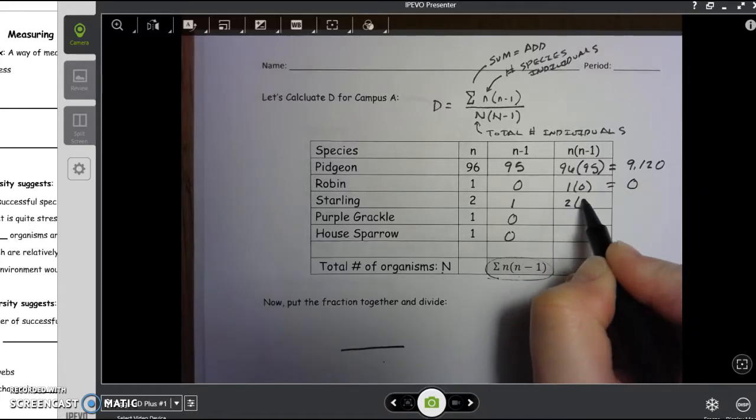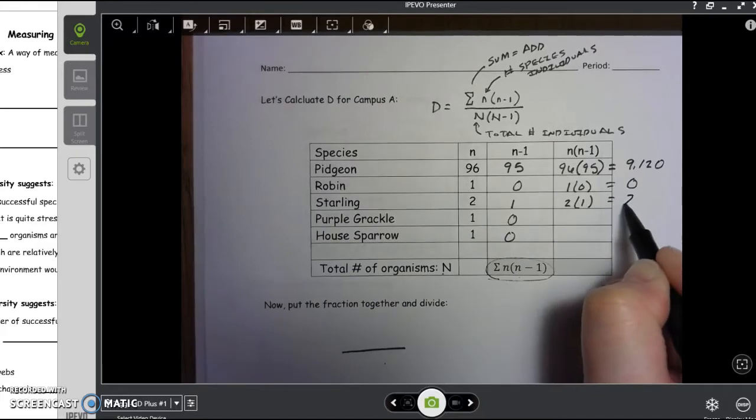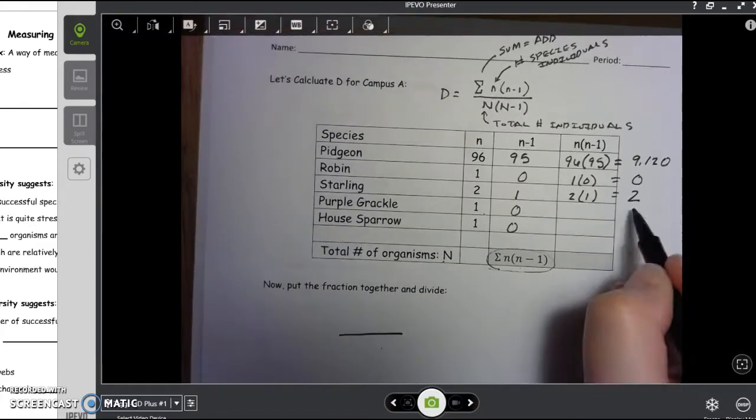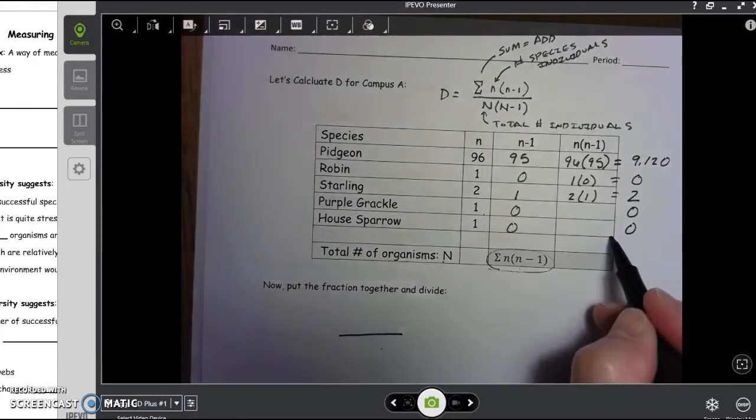We have 2 times 1, which is of course 2, and then these are obviously 0.